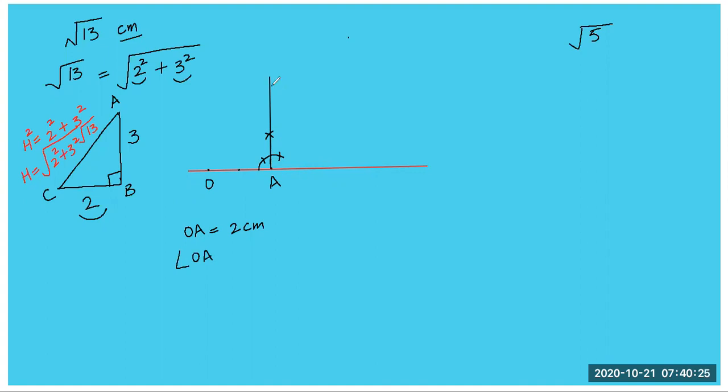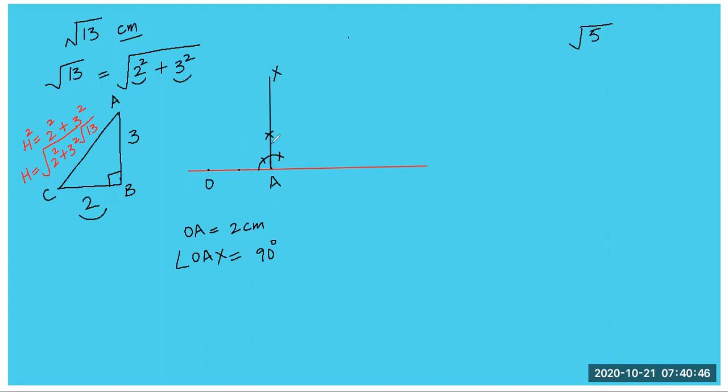After drawing this 90-degree angle at A, I will take any point here. Let's say this is X. OAX is equal to 90 degree, right? Now I want to plot 3 centimeter on this XA line. So I will again take the scale.